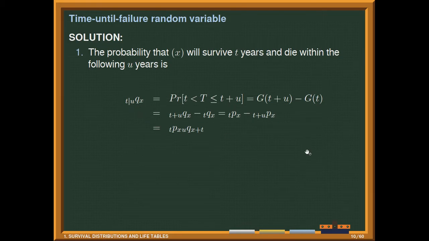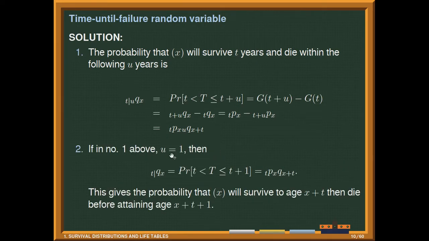Now, to answer question 2, it's a matter of replacing u here by 1. So the probability that a person age x will survive to age x plus t, then die before attaining age x plus t plus u, is represented by this representation.